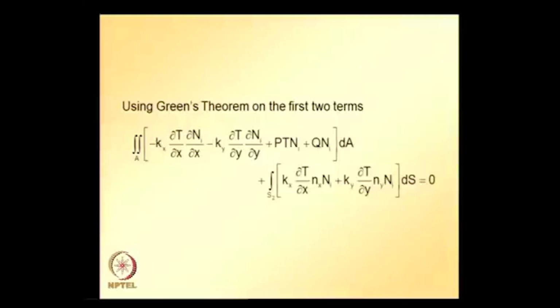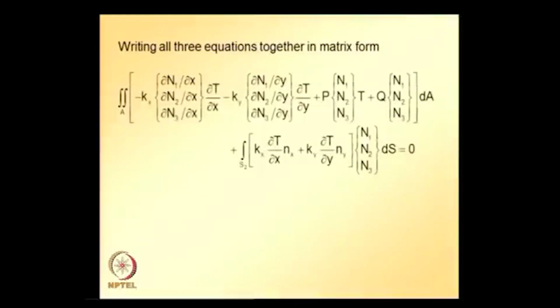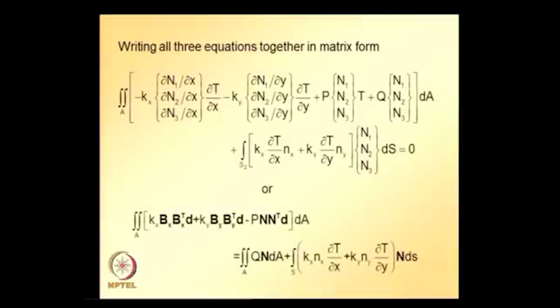If you see the second integral, the integral over S2, based on the explanation provided earlier, this equation can be written in matrix form like this, and the term with integral over S2 can be replaced with the term with integral over S, for the reasons that I explained to you earlier.